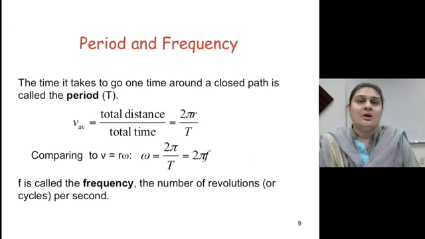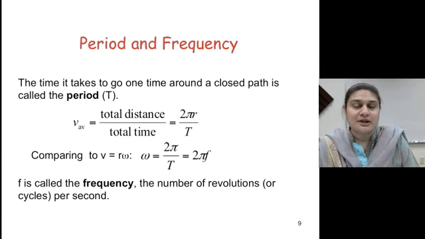When we talk about circles, we have to talk about periods and frequencies. Period is the time it takes to go around a closed path one time. So in order to calculate the period, we have to find the total distance divided by total time. Total distance in a circumference is always 2 pi r.